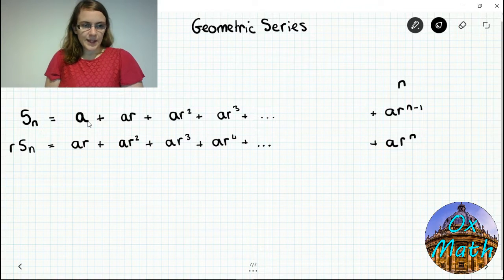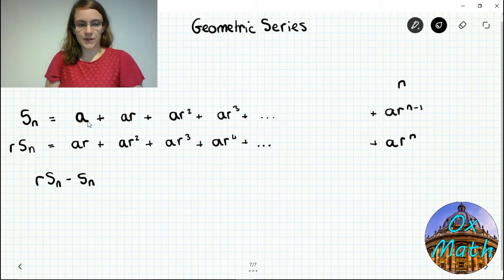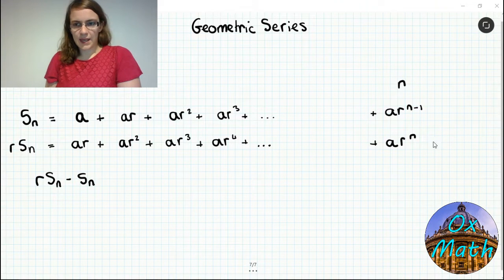So now, we take our second sum, r times the sum of the sequence, and take away the first sum, which is just the sum of the original sequence. So we are taking all of the terms in the second sequence and taking away all of the terms in the first sequence. If we start with the terms of the second sequence and take away the terms of the first sequence, we can see that this ar is going to cancel out the ar in our first sequence.